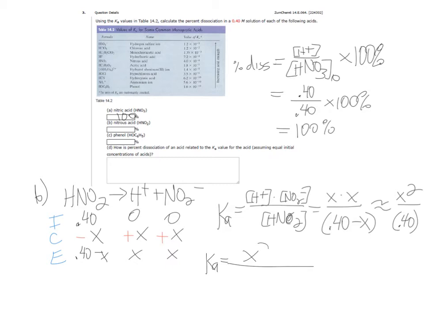Okay, so the Ka value was given to us; we've got to look up into table 14.2, locate nitrous acid, and find that its Ka value is 4 times 10 to the negative 4th. And we'll multiply both sides by 0.4 and take the square root of that, and we get a value of x of 0.0127.